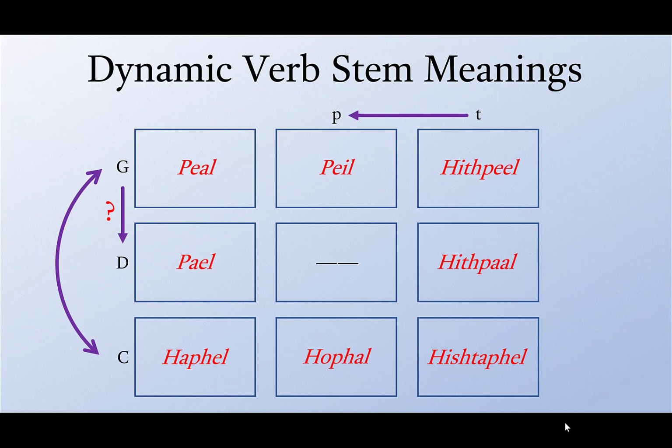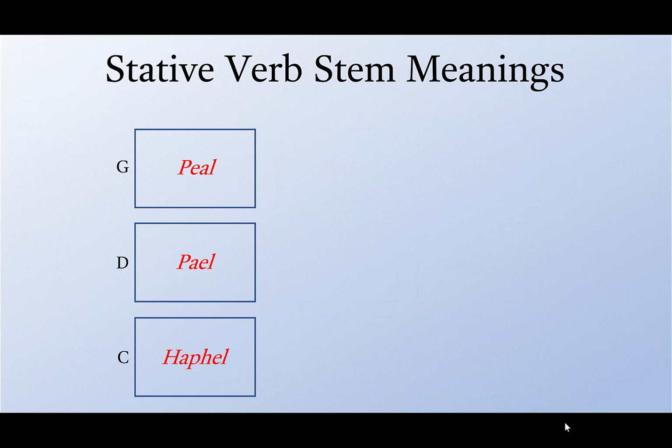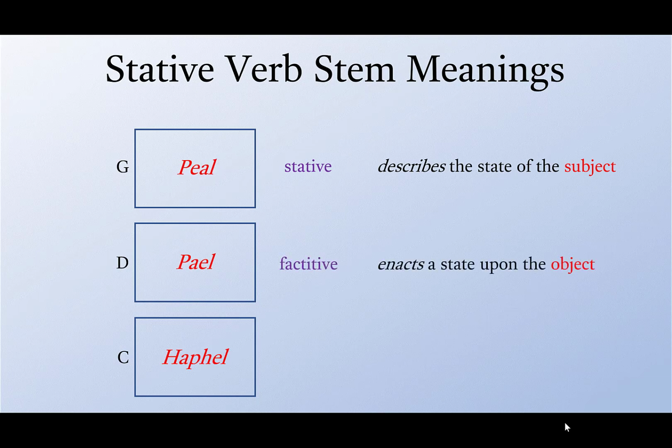There are these patterns. Now, what about stative verbs? So I've taken off the P and the T stem variants to just concentrate on G, D, and C because I think this provides the clearest explanation of what the stems mean with regard to stative verbs. So G, the Pa'al, for the case of stative verbs, describes the state of the subject. Clear enough. What's the Pa'el doing?